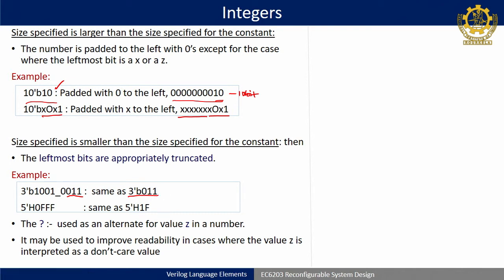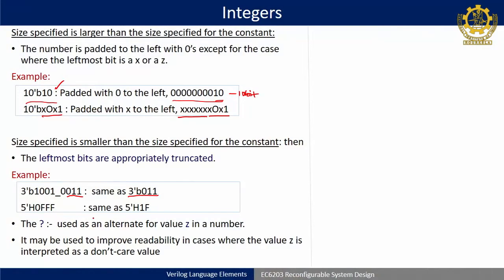Similarly, in this case, if you see 5'h0fff, just see the result. Are you satisfied, is it correct or wrong? As it is written 5 bit, the result is 5'h1f. The f is already 4 bit, but the output should be 5 bit, so another 1 it will take from the next side.